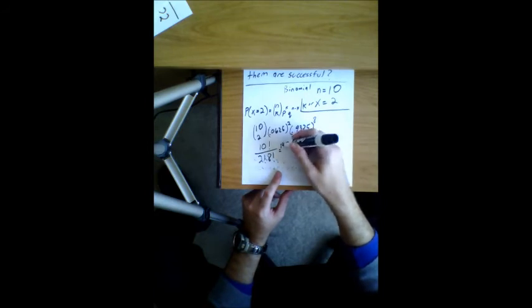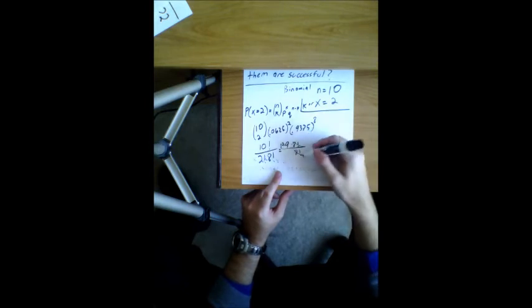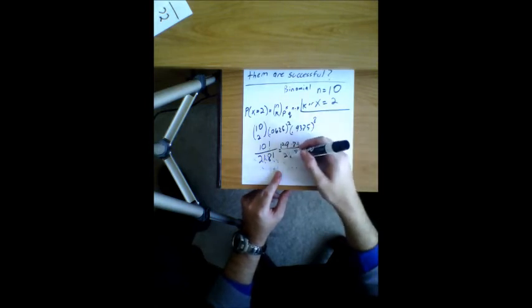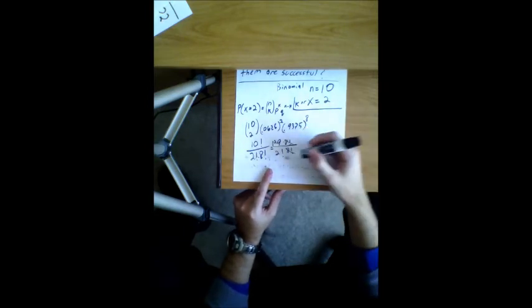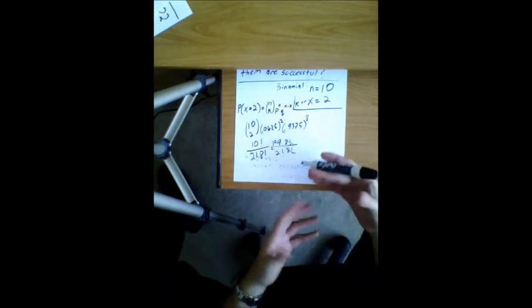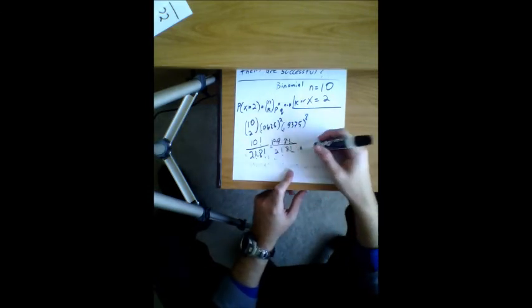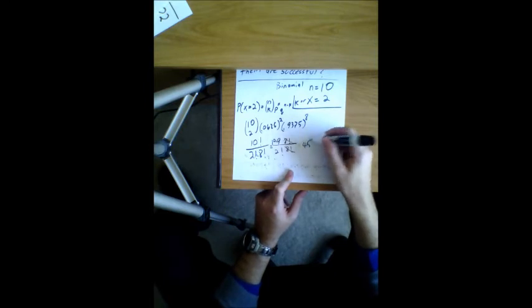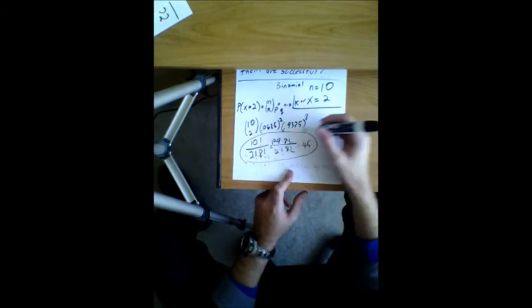So we will really have 10 times 9, and then times these 8 factorials. These will cancel on the top and the bottom, and we'll be left with 2 factorial. So we'll have 10 times 9 over 2 factorial. 2 factorial is just 2 times 1, so that's just 2. So this is 90 divided by 2. It's going to be 45. This is something we've done off to the side.